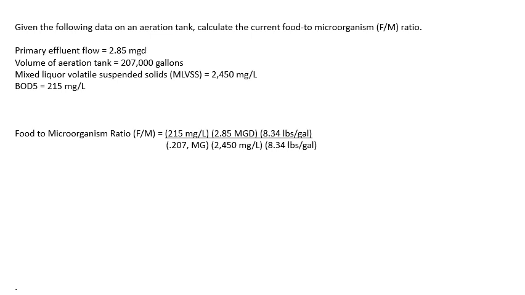All right, now that we got those numbers plugged in: 215 milligrams per liter times 2.85 million gallons a day times 8.34 pounds per gallon, divided by, remember, your 207,000 gallons, we converted it to million gallons, so 0.207 million gallons times 2,450 milligrams per liter times 8.34 pounds per gallon.